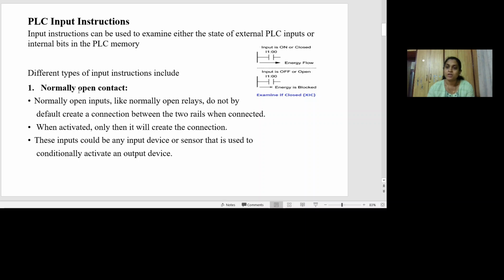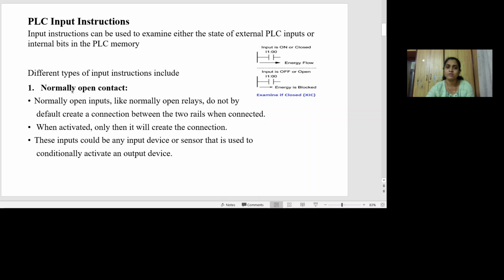That is, I want to know the state of input switches, push buttons, limit switches, or the state of the sensors. All these things can be examined using the input instructions. So, basically, the input instructions are used to examine the state of the external inputs connected to the PLC module.